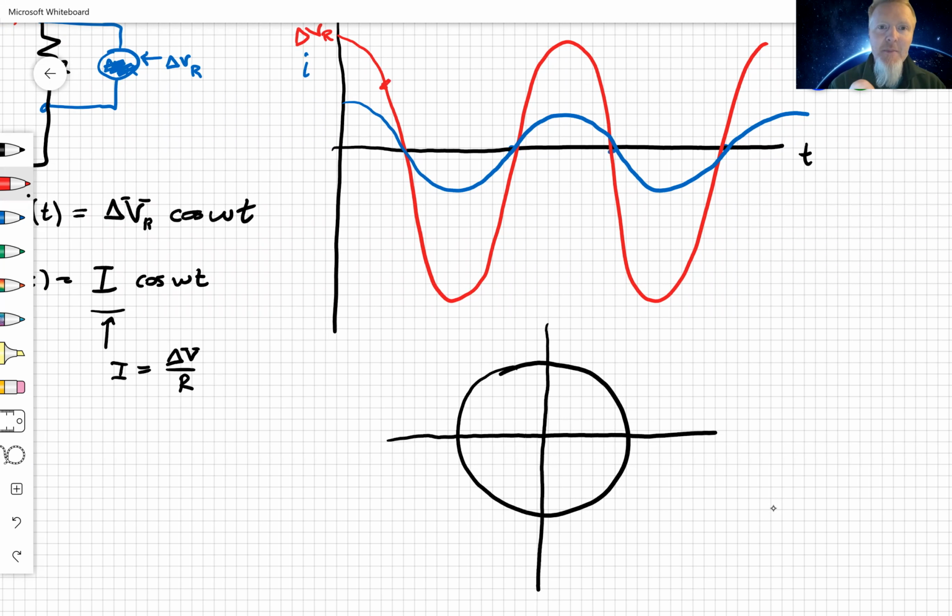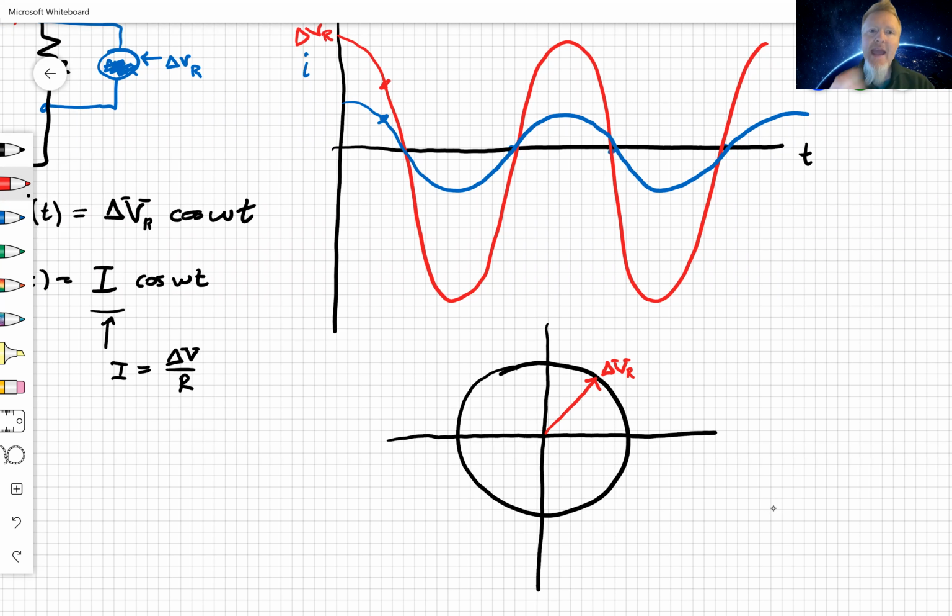Look, if I take that spot and I take that same angle here, I'm going to go on the same angle right there. So where are those things? They're going to be about 40, 45 degrees, like this. There's delta V. That's going to be delta VR. Actually, this is the peak voltage.